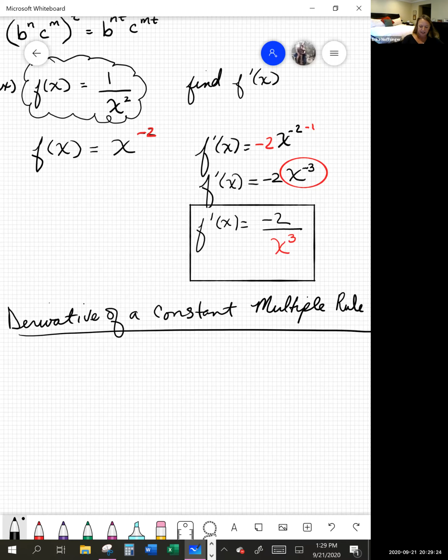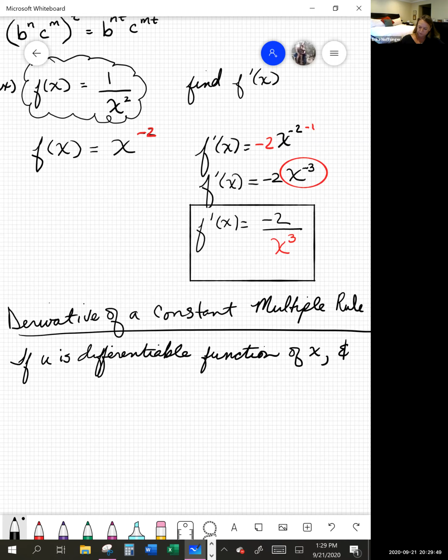This says if u is differentiable, so the derivative exists, so if u is a differentiable function of x, and c is a constant multiple, then the following should hold.